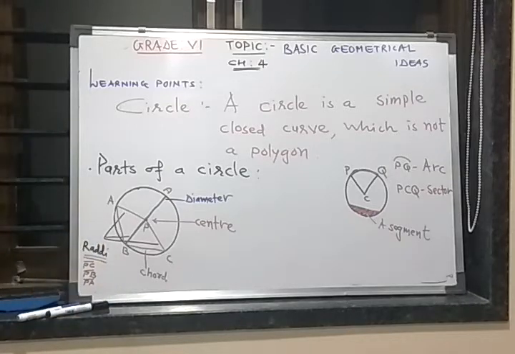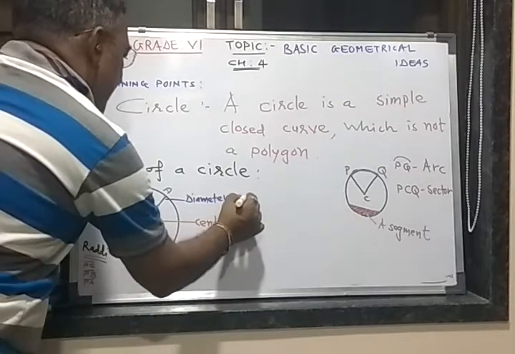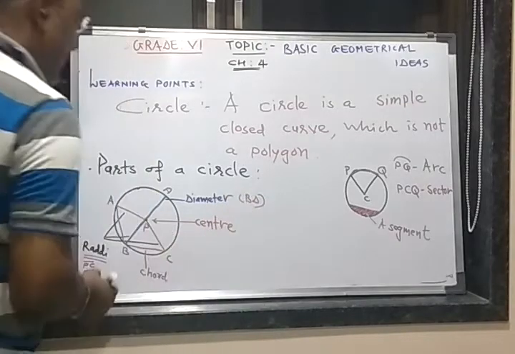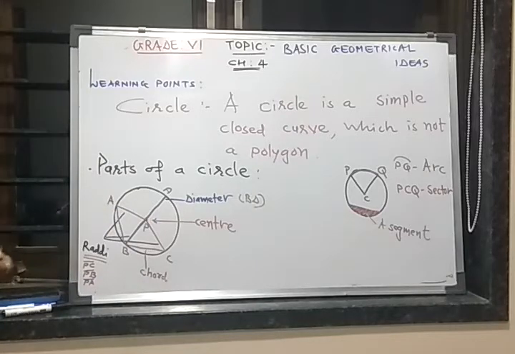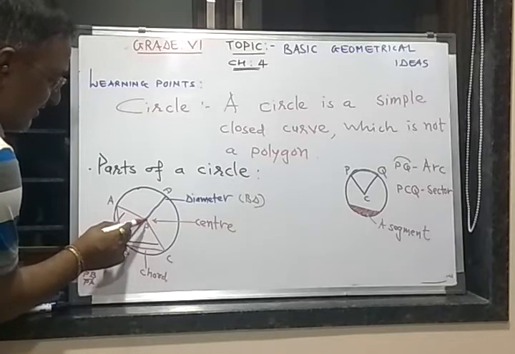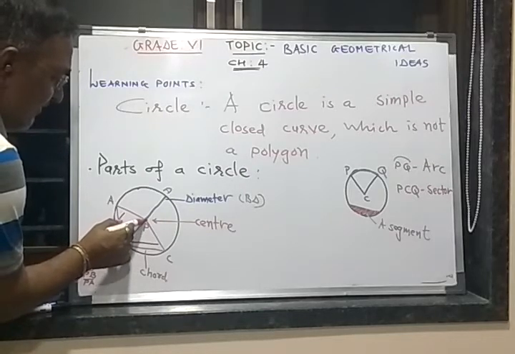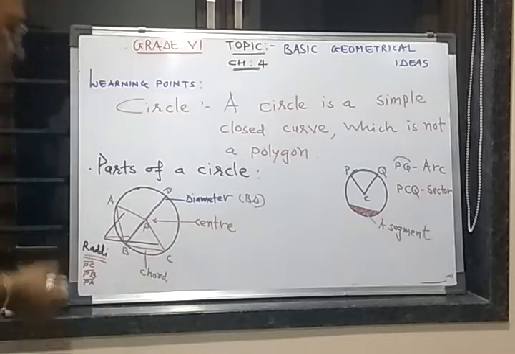These are the radii. Diameter is line segment BD. Diameter means it passes through the center of the circle. Radius means the shortest distance between the center of the circle and a point which lies on the circle.